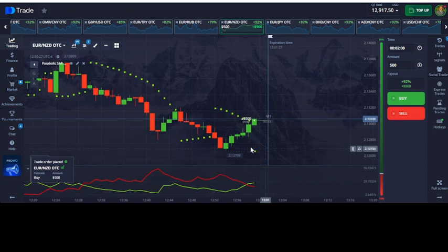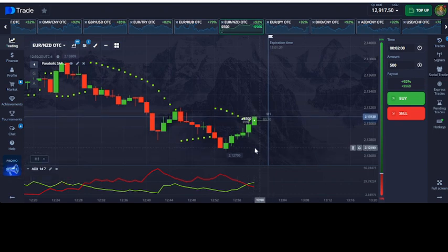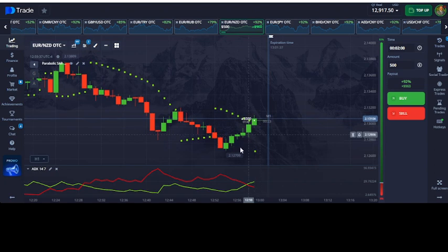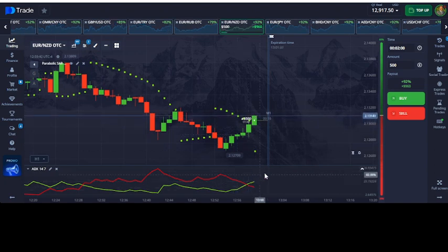Okay, and the reason why I took the buy trade here is the parabolic SAR dot just printed below the candle here. And secondly here, we're seeing the plus ADX line crossing the red ADX line here in an upward direction.